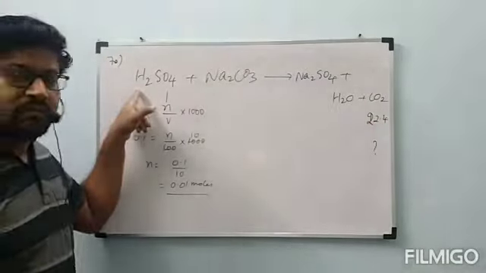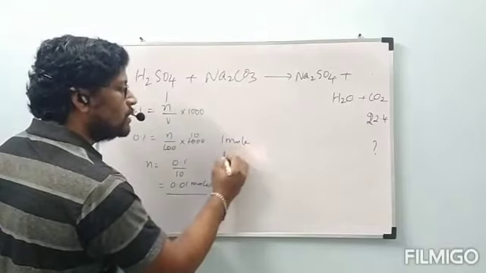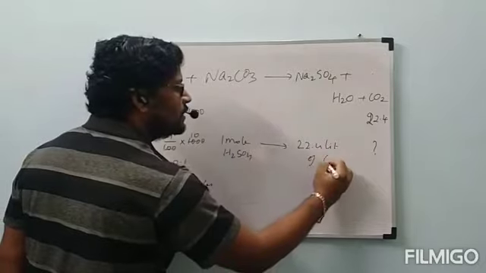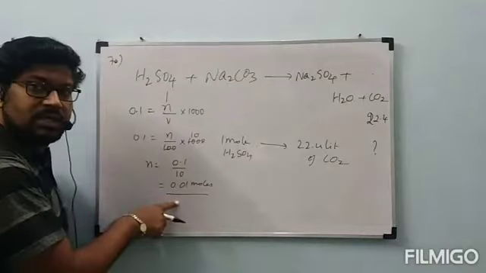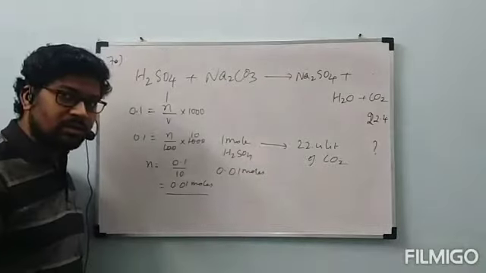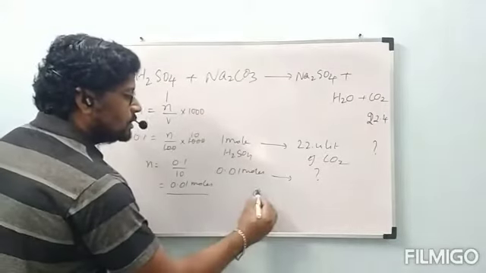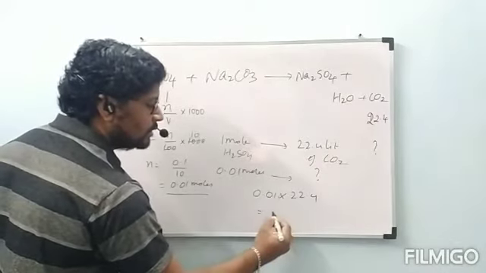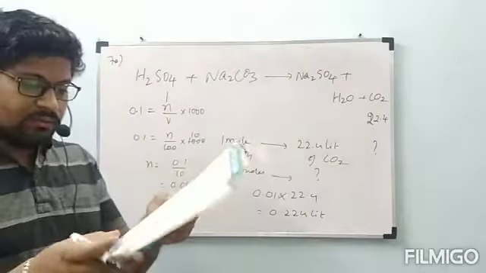But according to the given data, how many moles of H2SO4 do we have? 0.01 moles. 0.01 moles of H2SO4 will give how much CO2? 0.01 into 22.4 divided by 1, which is 0.224 liters. Option 3, mark.